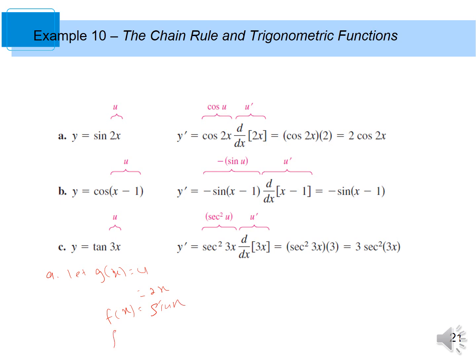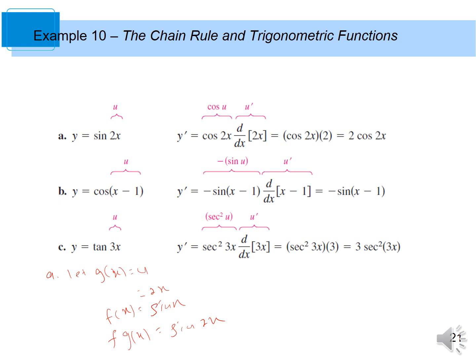So my composite function f(g(x)) is sine 2x. So that is why sine 2x is a composite function. Here is a proof, and why we should use the chain rule to differentiate.